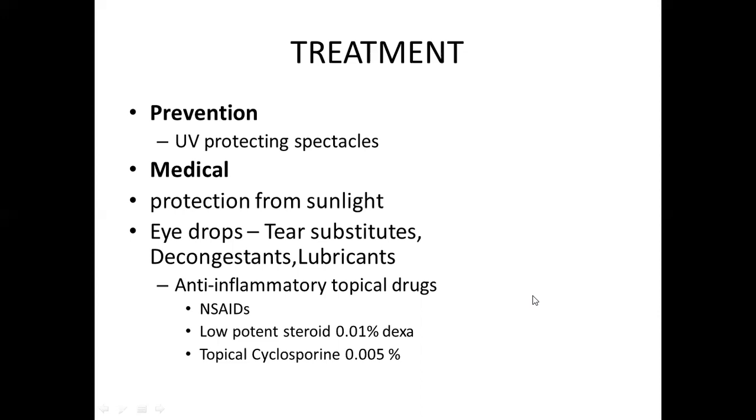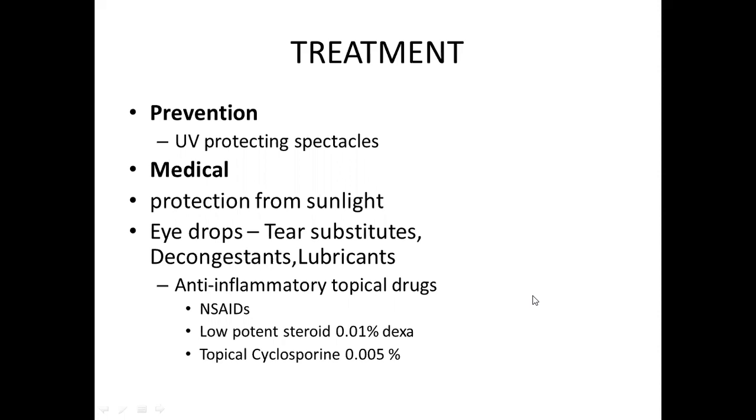But aside that, there are no specific investigations for pterygium. So we move to treatment, and you can prevent pterygium by using what we call ultraviolet protective spectacles, just to reduce the amount of ultraviolet rays that enters the eye. There's no effective medical treatment, when I mean medical treatment, use of drugs for the treatment of pterygium.